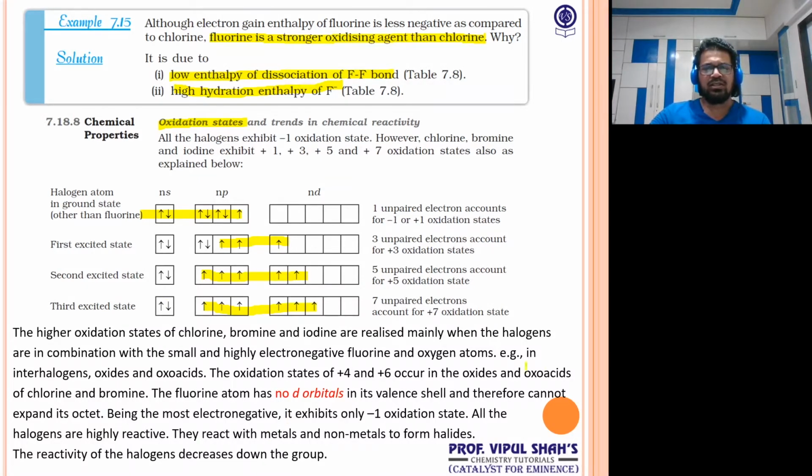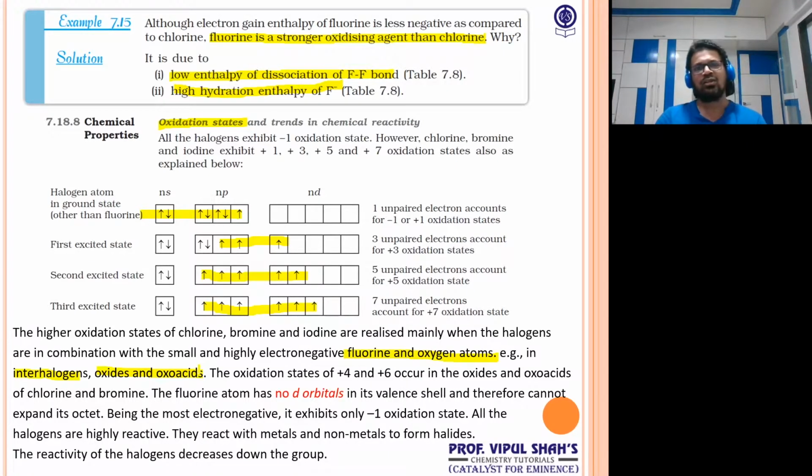Now what it's trying to say, just see this part. Higher oxidation states occur because they are in combination with highly electronegative atoms like fluorine and oxygen. That's in interhalogen compounds, between two halogen atoms. They also form oxides and oxoacids, like how we have done phosphorus and sulfur oxoacids. In the same way chlorine also has oxoacids. And there are oxides like chlorine monoxide, chlorine dioxide, chlorine hexoxide and chlorine heptoxide.